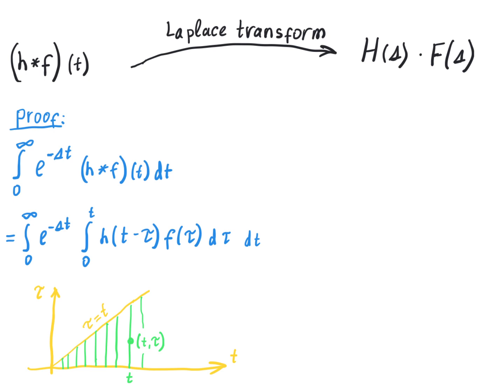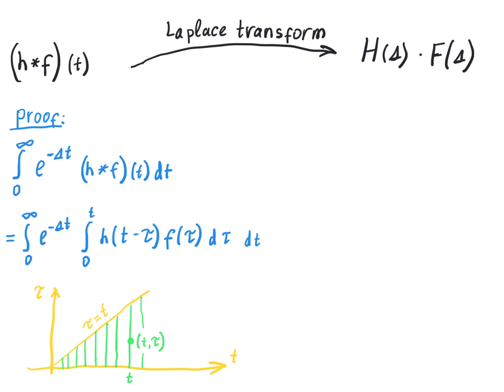For each fixed value of t, we compute the integral with respect to tau, looking at all values of tau between 0 and tau equal t.